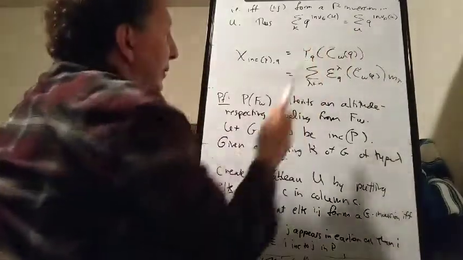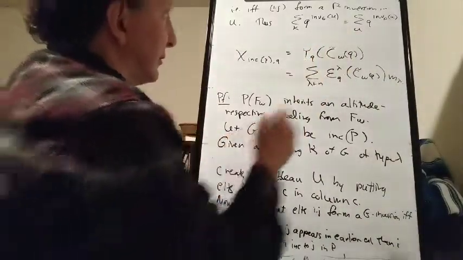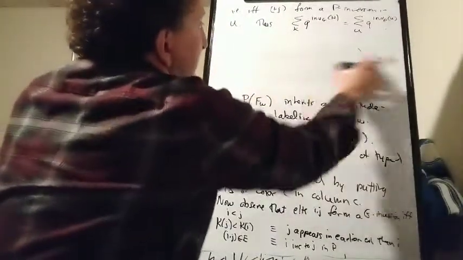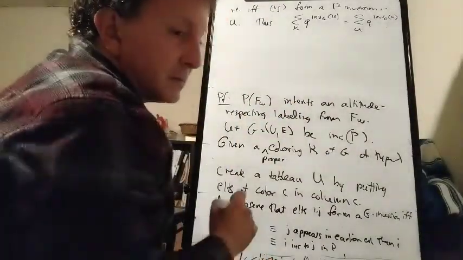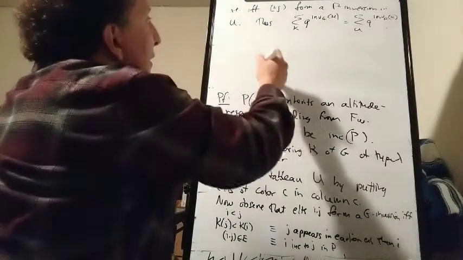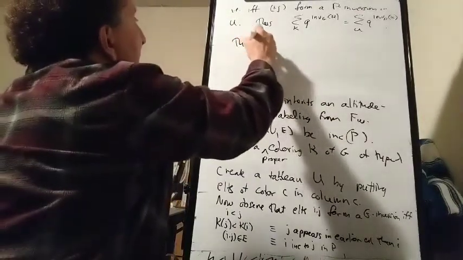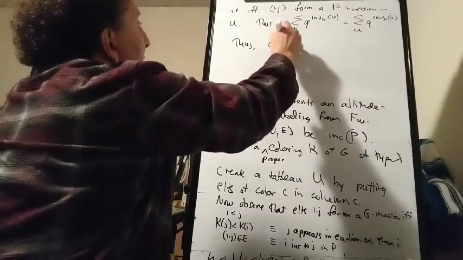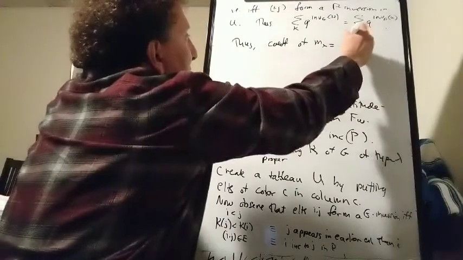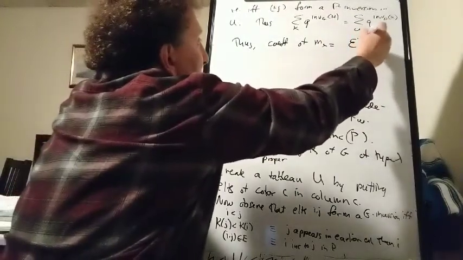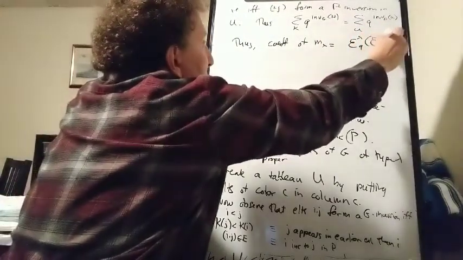So that means that our tableau is going to be column strict. So that gives us that the coefficient of m lambda is exactly what we know the induced sign character evaluated at c w to be.